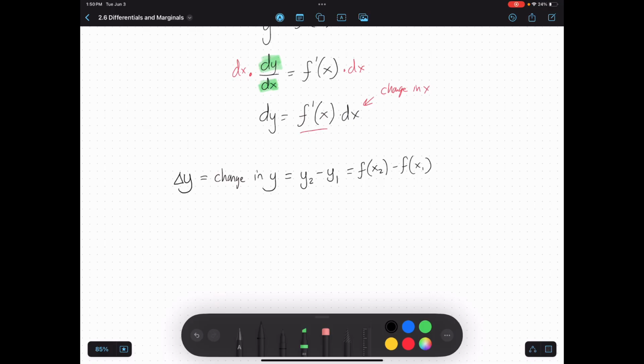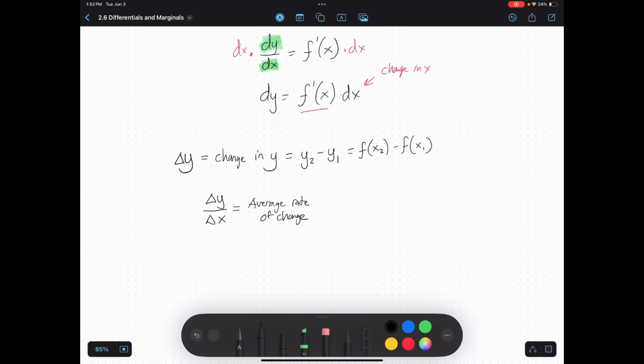But sometimes, depending on your function, the computation involved in this is really intense. It might take a lot of computation power to actually calculate this. Is there a way I can estimate this value that requires less computation? And the answer is yes, you can, using the derivative. Remember that if I write delta y over delta x, change in y over change in x, this is your average rate of change.